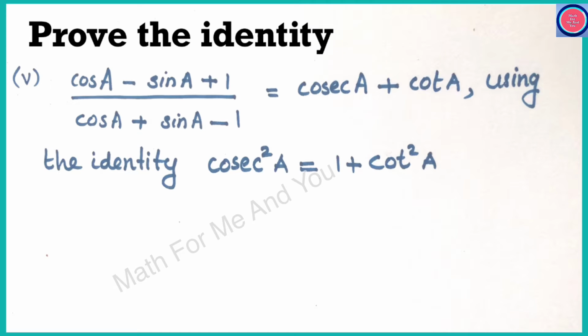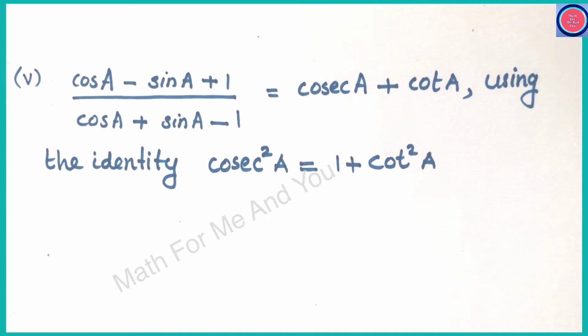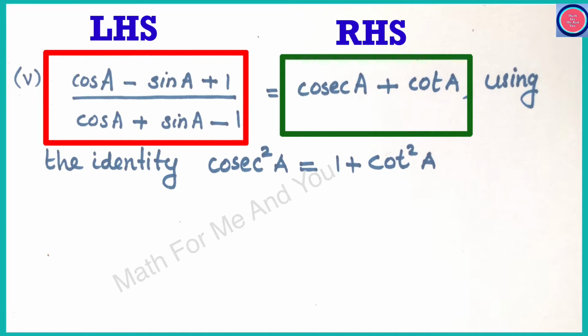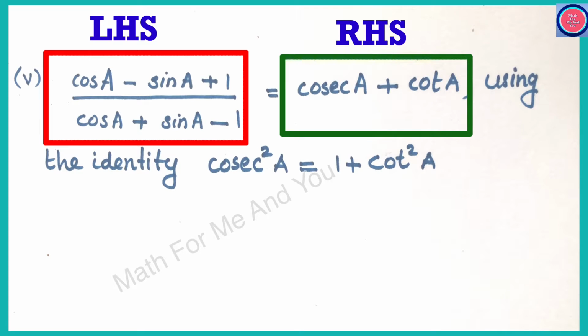Prove the identity cos A minus sin A plus 1 divided by cos A plus sin A minus 1 equals cosec A plus cot A using the identity cosec square A equals 1 plus cot square A. Proving an identity means we have to show either LHS equals RHS or RHS equals LHS. Here we are going to start with LHS.